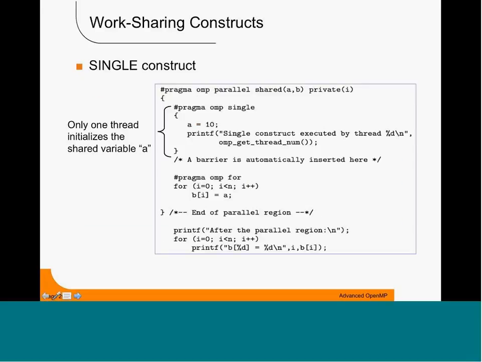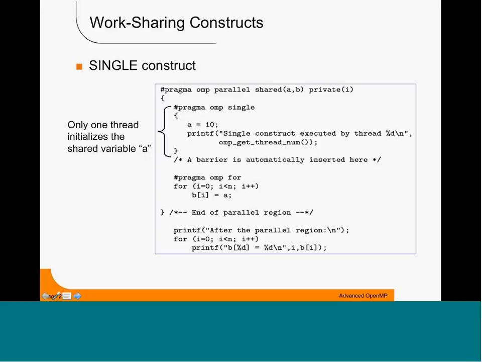And here is an example of how you use pragma single. So let's say pragma omp parallel shared B and private I. They execute a equal to 10, and printf "single construct executed by thread" only by one thread. You only printf one time and automatically have the barrier.